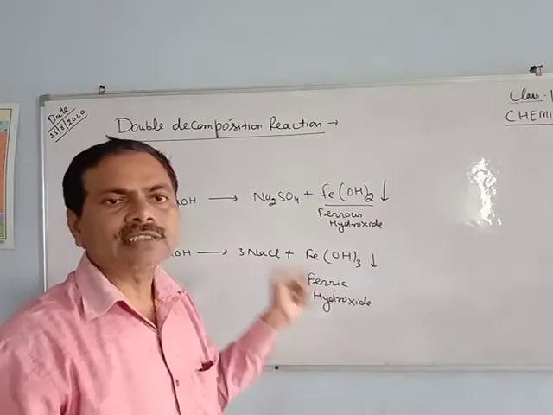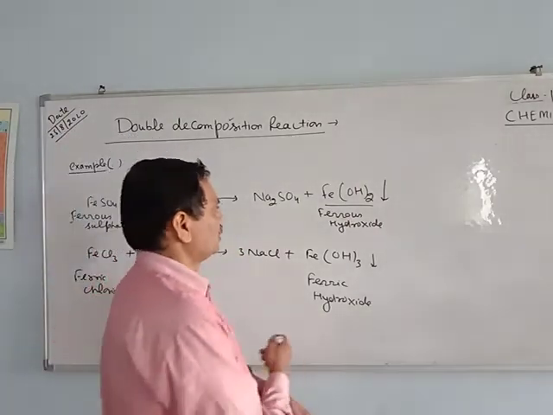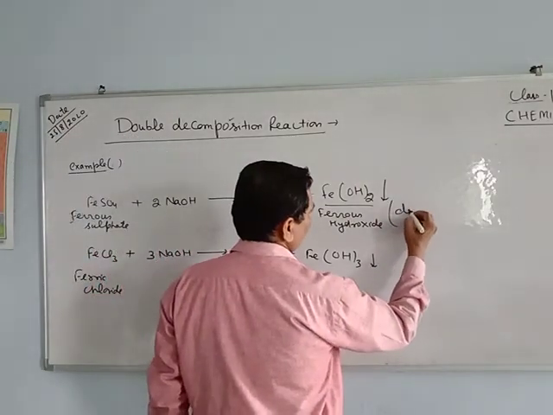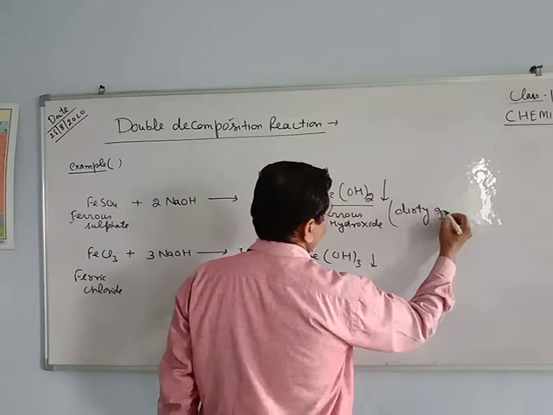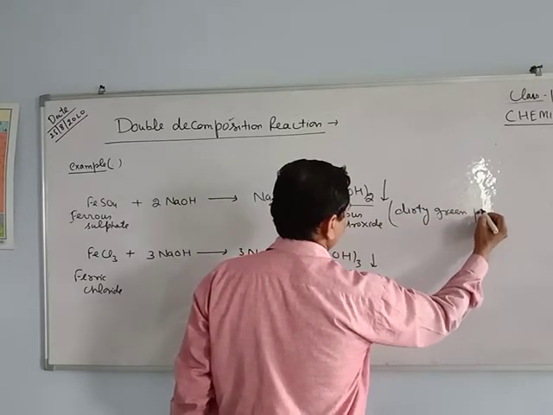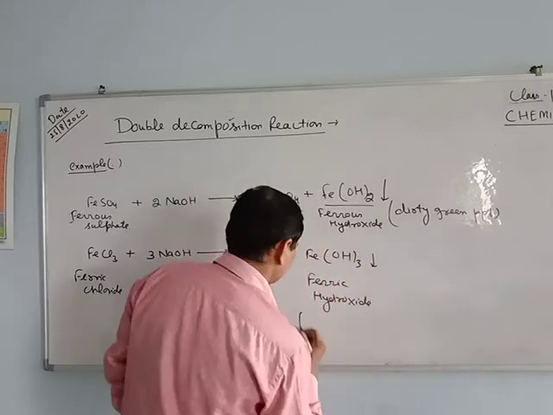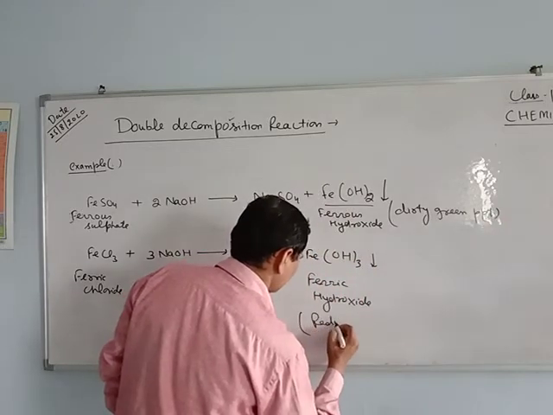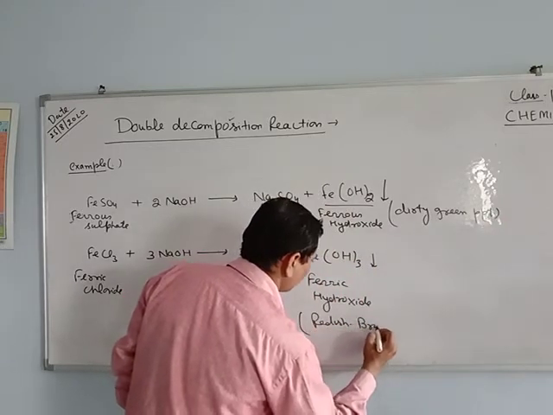The color of the ferrous and ferric precipitates is different. Ferrous hydroxide is a dirty green precipitate, and ferric hydroxide is a reddish brown precipitate.